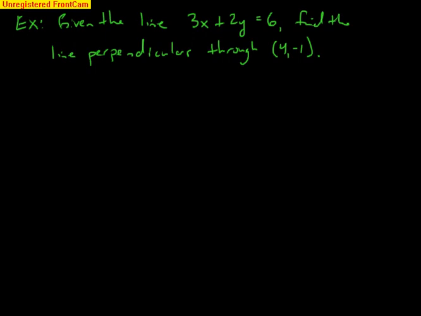Okay, so this time we're talking about perpendicular, but it's the same information, so not a big deal. So again, remember, we need a point and the slope. We need the slope first of all to talk about perpendicular. So we need to take this line and find the slope. We don't know what the slope is.